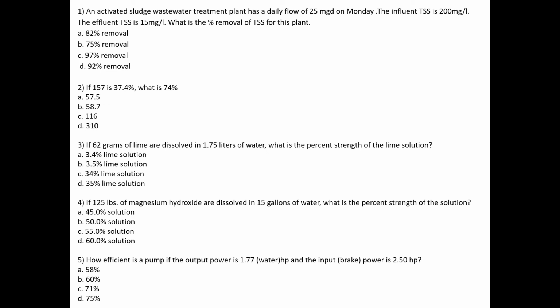When you buy and order a pump, I think you have to ask for it, but you'll get what's called a pump curve, which measures the performance of that pump.